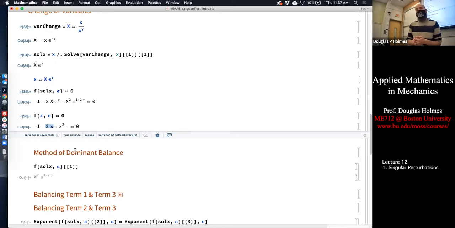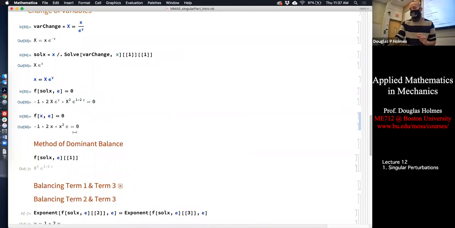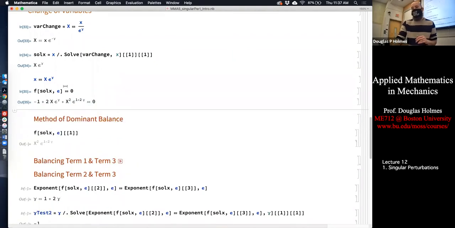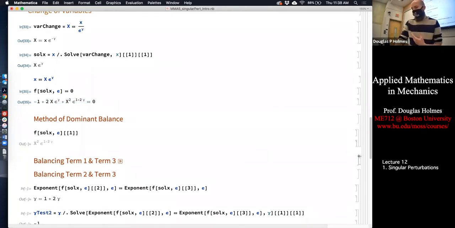Okay, we come back to our change of variable equation. We'll remove this thing, so I don't want there to be any confusion. We are now working with this equation here. And the way we do this is we are going to determine gamma by balancing the exponents on each term. So let me show you what that means.